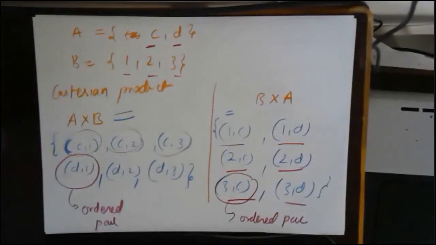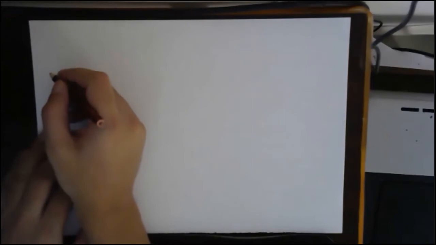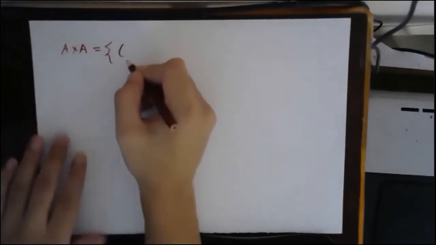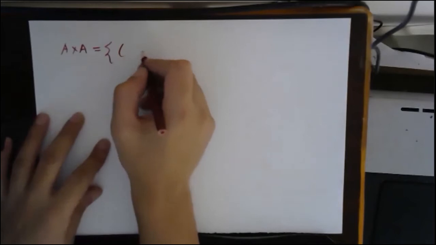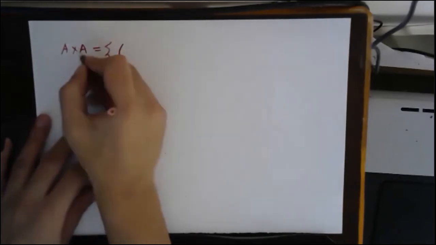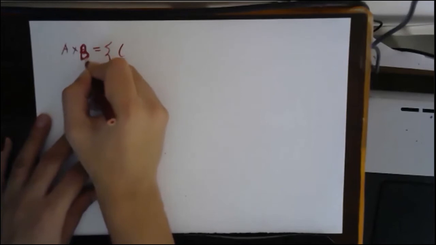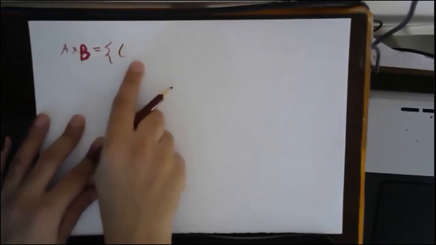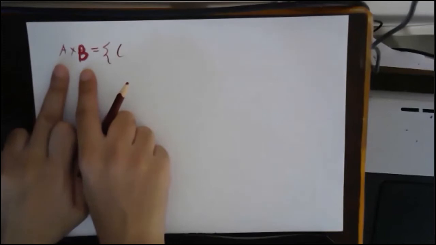Let's see some examples based on this. I will take examples from here. Okay. So suppose A cross B contains these elements. A cross B is a Cartesian product.